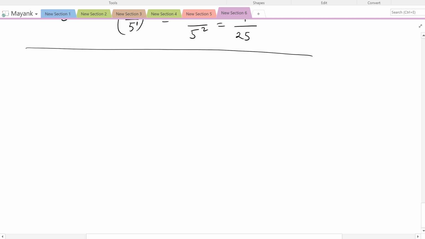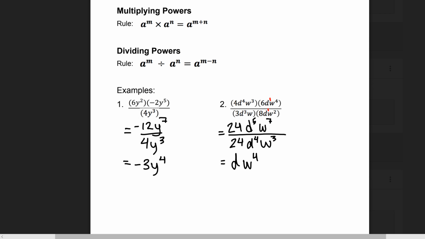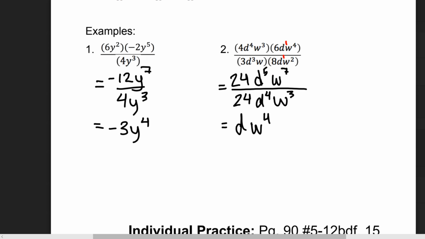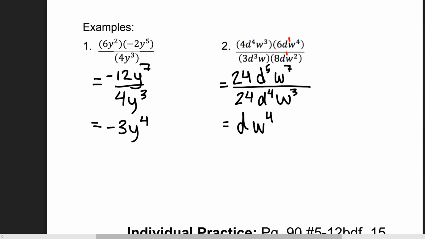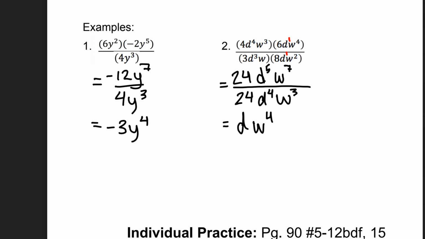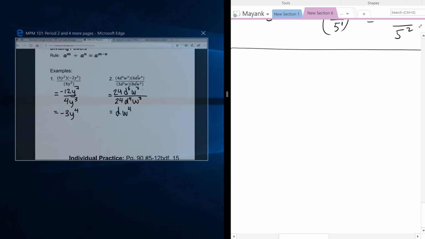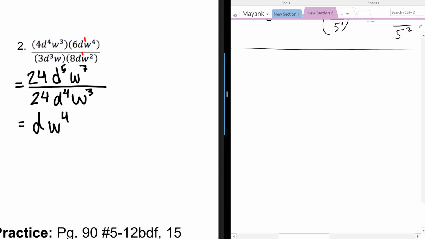Now let's do some questions. For example number 6y squared. I write it here.